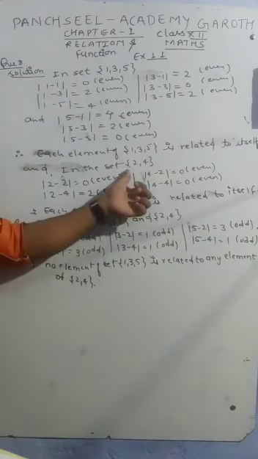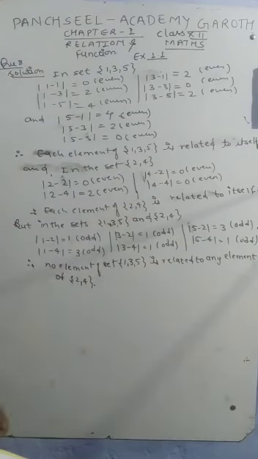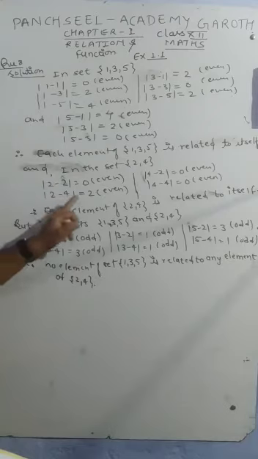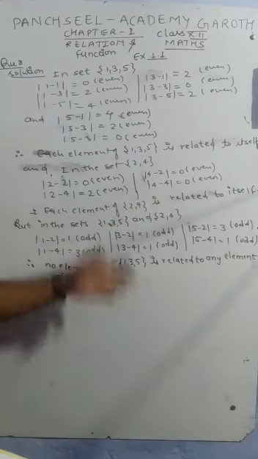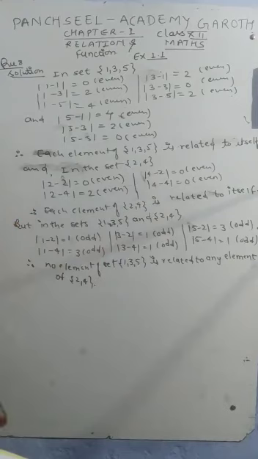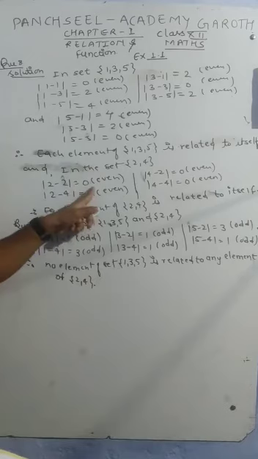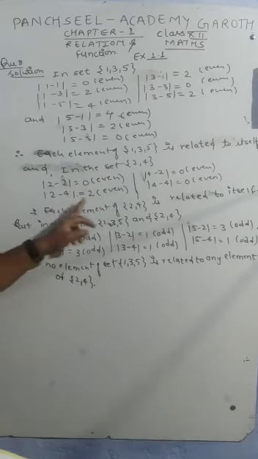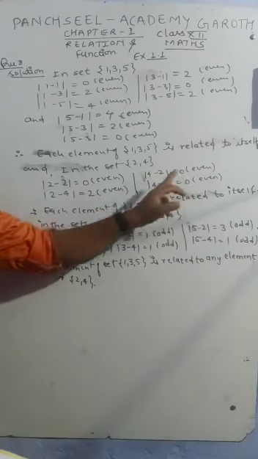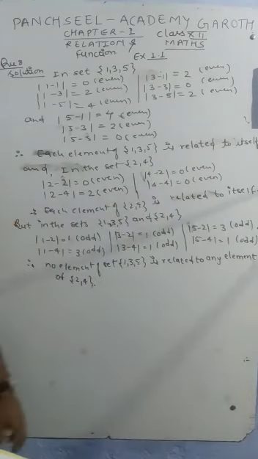Similarly, in the set 2, 4, first we find all the possible ordered pairs, that will be 2, 2; 2, 4; 4, 2; and 4, 4. After that we are going to check whether these follow the relation or not. That means whether the subtraction of both numbers in the ordered pair gives an even number or not. Then we see that 2 minus 2 is 0, 2 minus 4 is 2, 4 minus 2 is equal to 0, and 4 minus 4 is also 0.